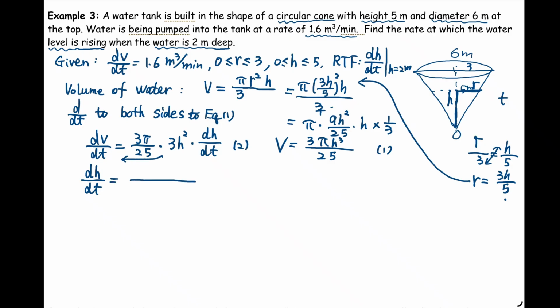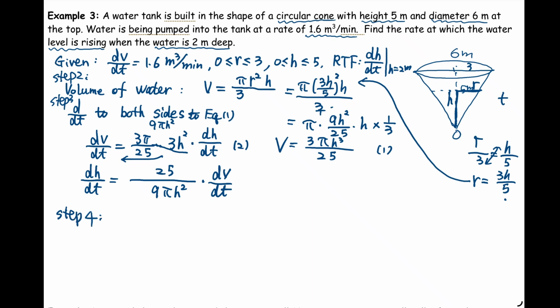So it becomes, do the division. The numerator is 9 pi h squared which becomes the denominator, and 25 becomes the numerator times dV by dt. So we divide this whole thing to the other side, it will just flip. Then this is step 2, step 3, then step 4.